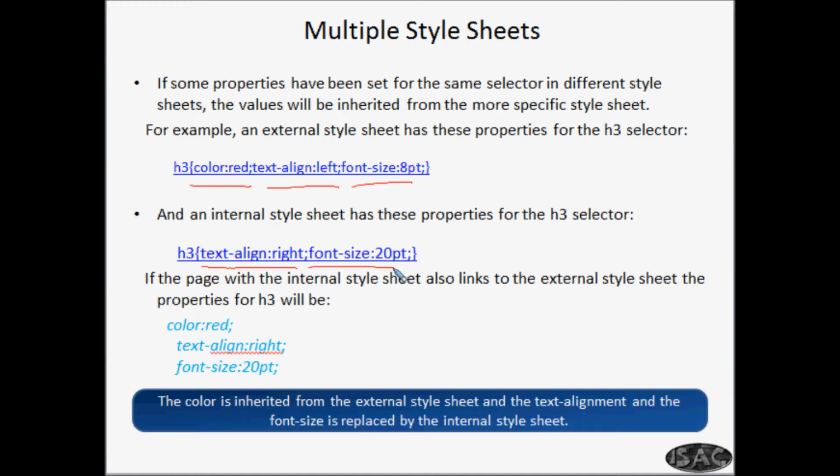And if the page with the internal style sheet also links to the external style sheet, the result for H3 is color red, text-align right, and font size 20 point. So it will ignore the external values that are overridden. Since color is not defined here, it is taking it from the external, and it is taking text-align and font size from here. So that is the final style, right? I hope you understood this.